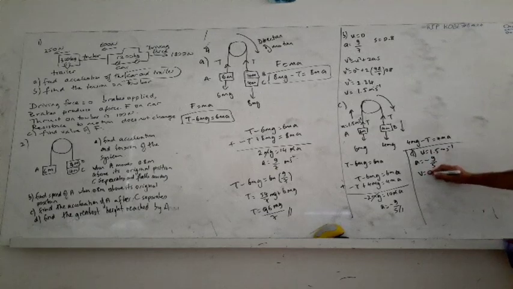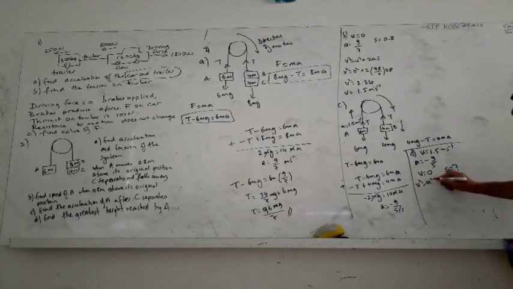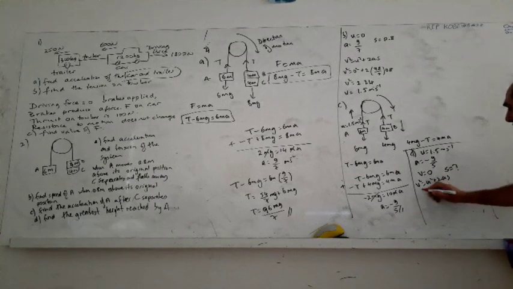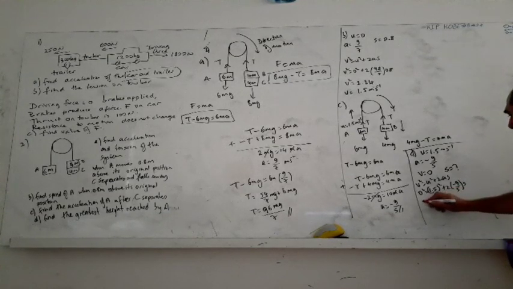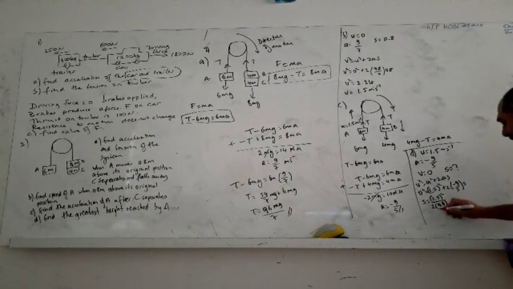And what will be the displacement? v squared is equal to u squared plus 2as, and 0 squared is equal to 1.5 squared plus 2 times minus g over 5 times s. So s is going to be 1.5 squared over 2 times 9.8 over 5.